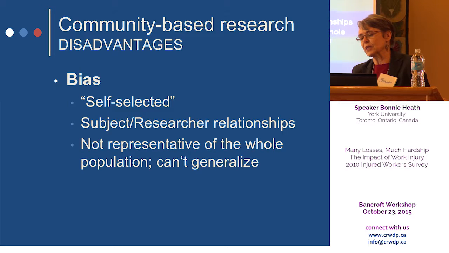The other thing that we talked about last night as well is a perceived problem in scientific research, that the subject and the researcher should not really have a relationship, because the researcher needs to be objective. So we can't make that claim either. We definitely weren't objective if we were calling it the poverty survey.